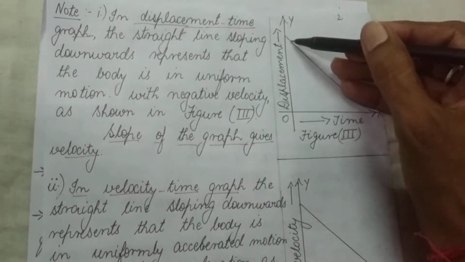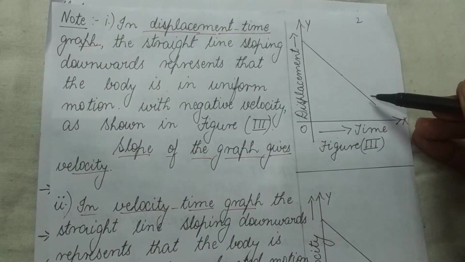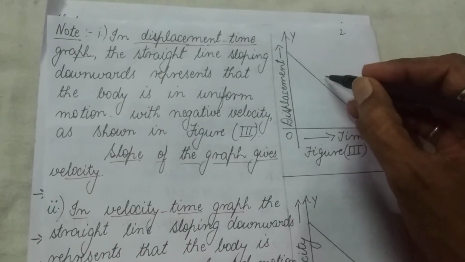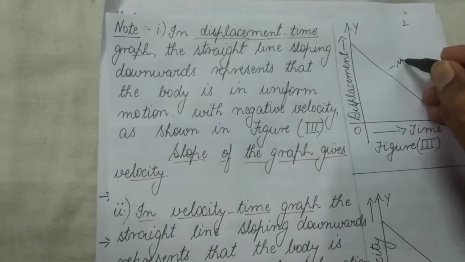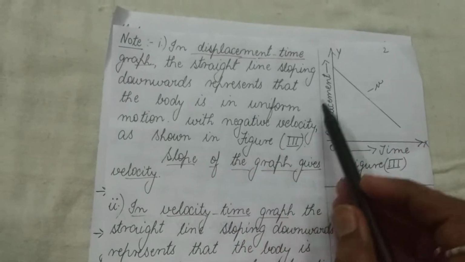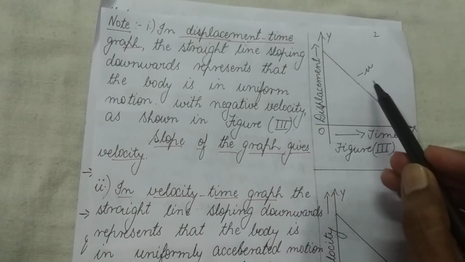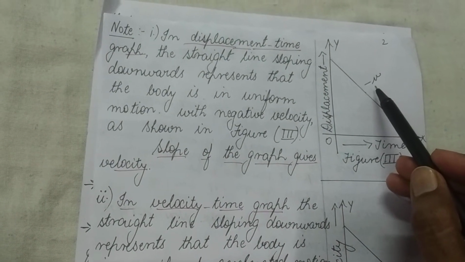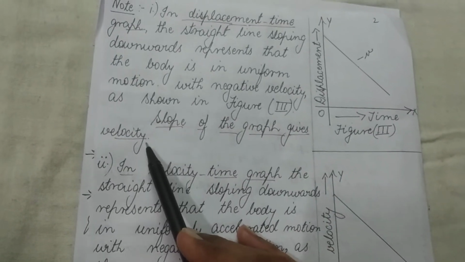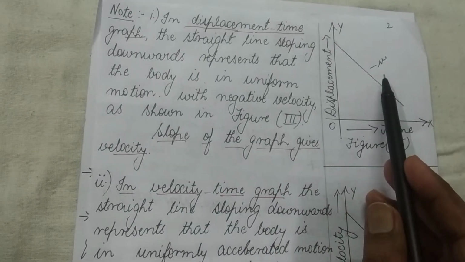If the graph is sloping downward, it is a graph for negative velocity. It has velocity, but it is negative, not positive. The slope of the graph gives the velocity, which is negative.